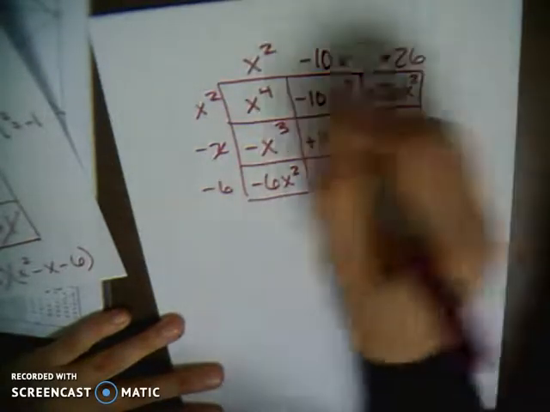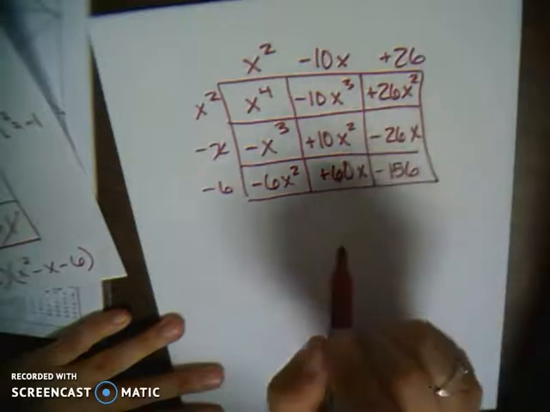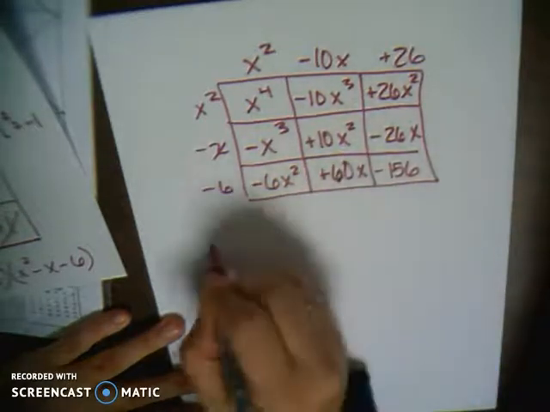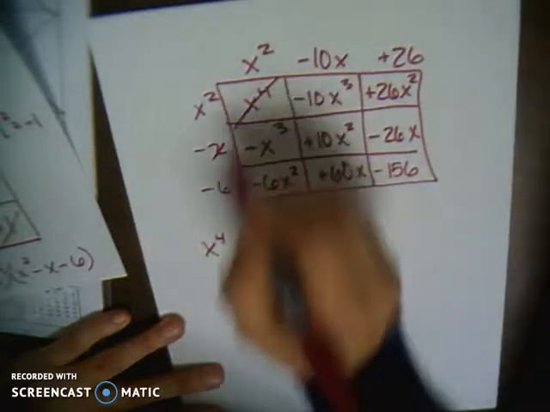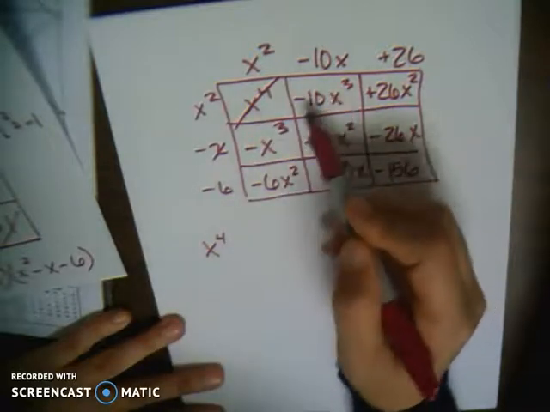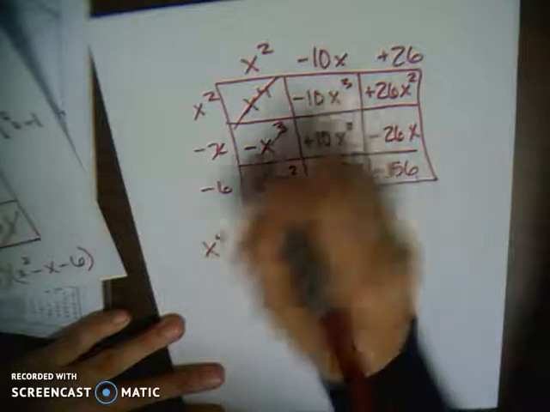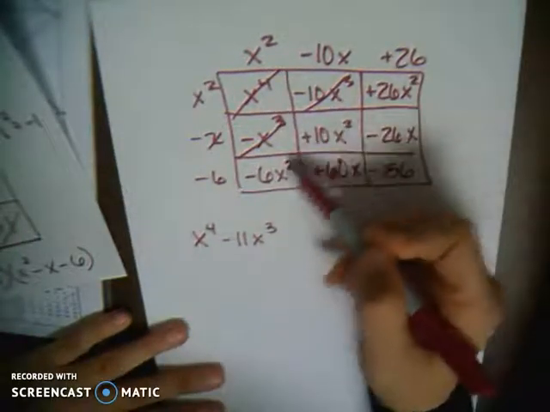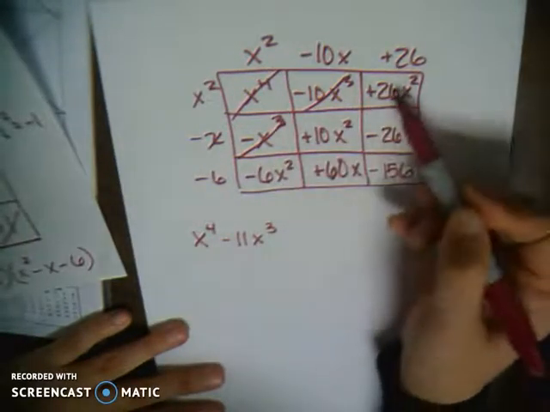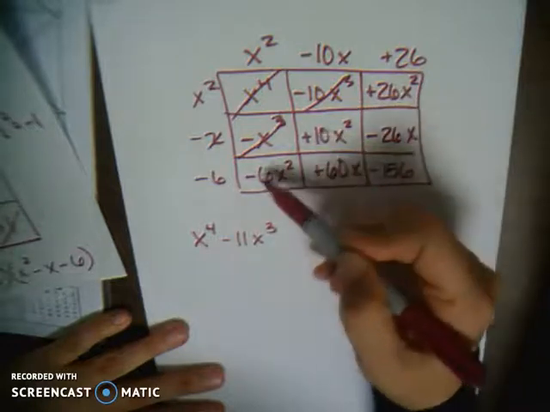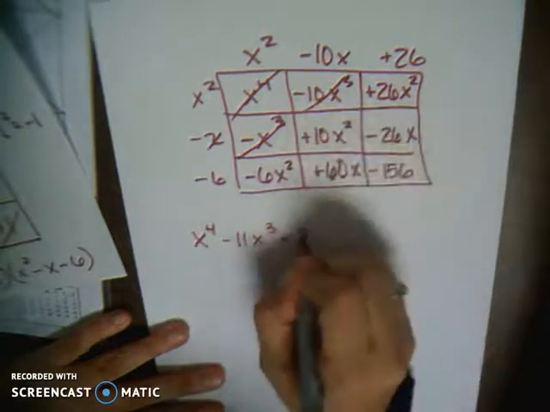And I need to put all that stuff together for my final answer, and there are some like terms here. So there's only one x to the 4th piece. I've got 2 x cubed pieces, negative 10 and negative 1 of them. That makes negative 11 of them. And then I've got 3 x squared pieces. 26 and 10 is 36, and then minus 6 is just 30 x squareds.